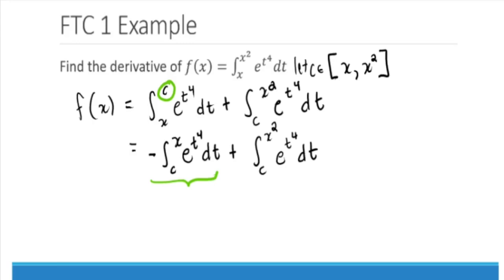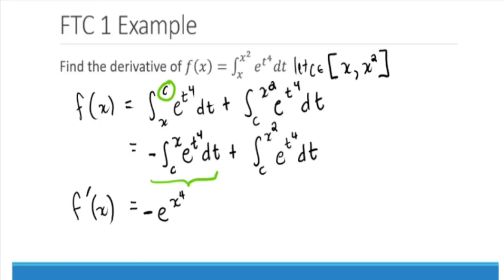We just replace t with x, but note that there is a negative here. So f prime of x would become negative e raised to x to the fourth. We just replaced t with x, but with a negative.